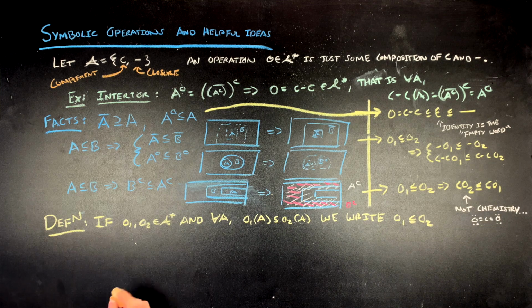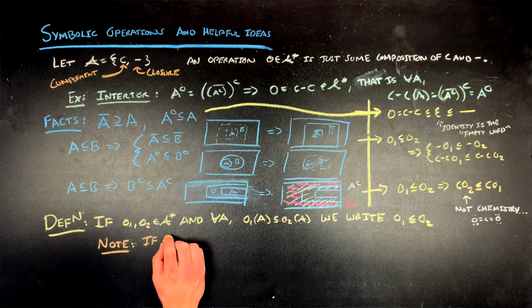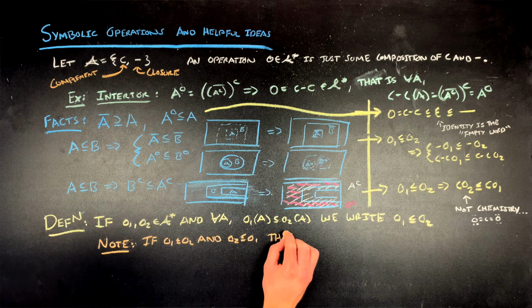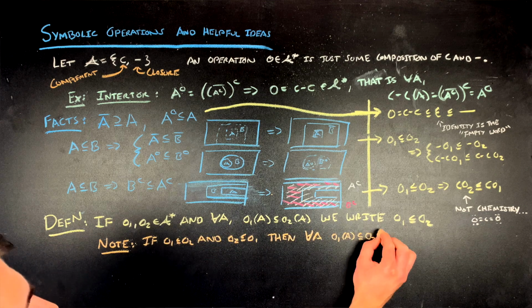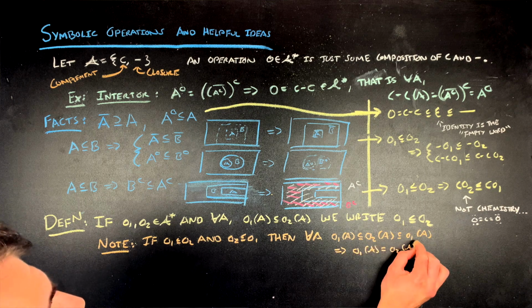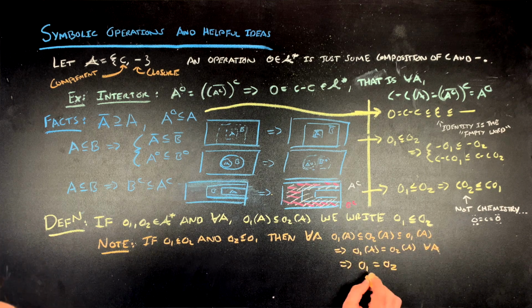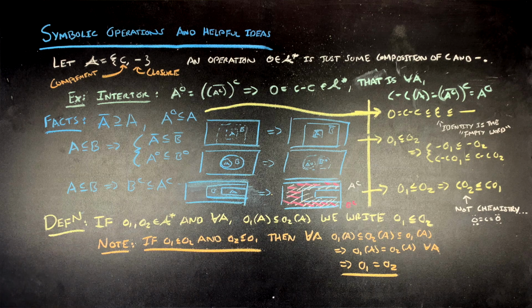It's also important for us to note that under this convention, O1 less than or equal to O2 and O2 less than or equal to O1 implies that the operation maps all of our sets in our space to the same sets. So O1 and O2 would be the same operation.